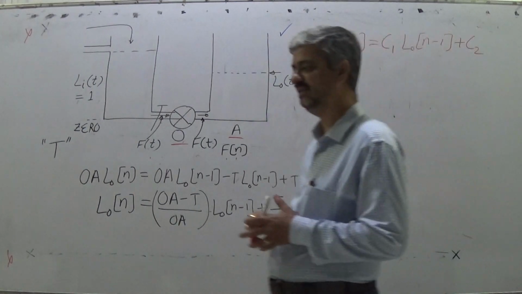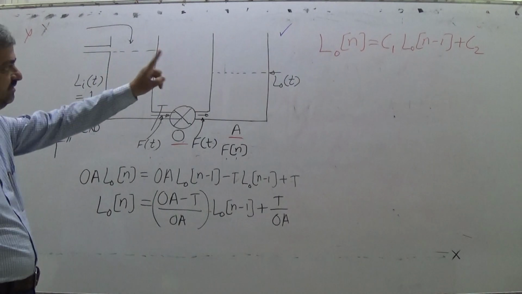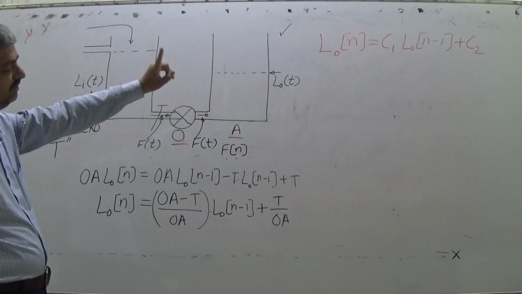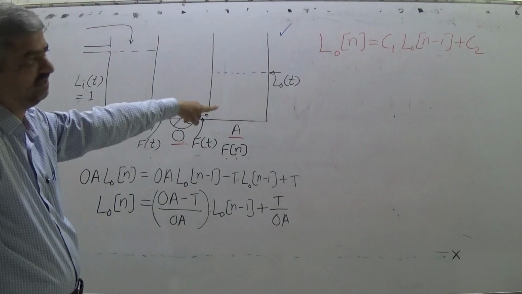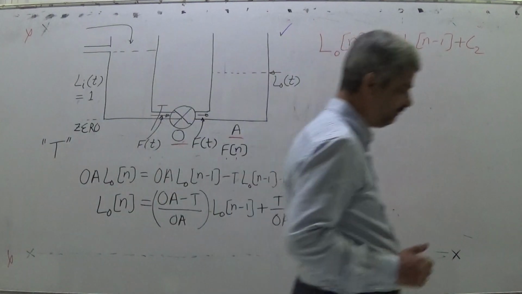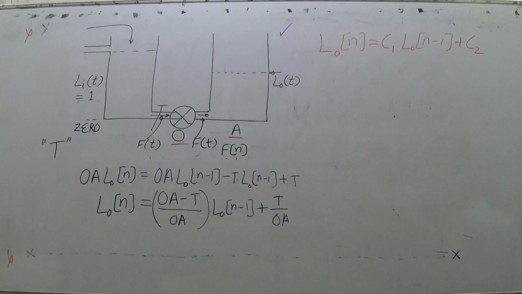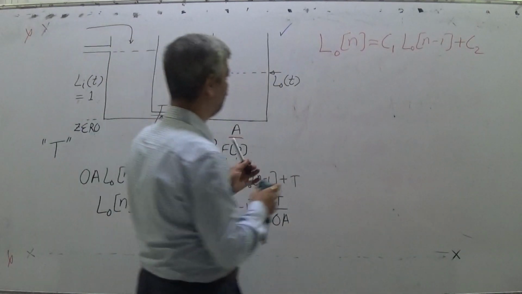So this is a difference equation. This is the solution in terms of a difference equation, where this LON is what we wanted to find out, that is the rate at which water is going to increase. We want to find it out.